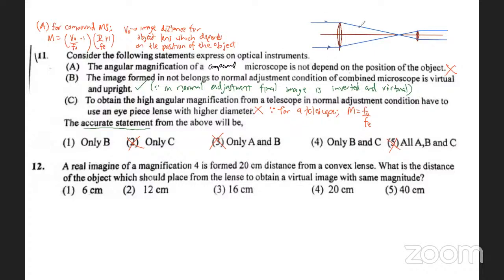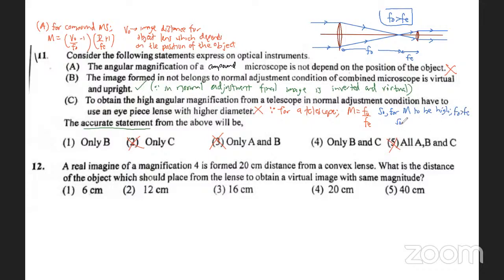These are past paper questions. There are so many past paper questions which help us compare the diameters. So this is FO. This is FE. Correct? So FO is bigger than FE. For M to be high, FO should be bigger than FE.